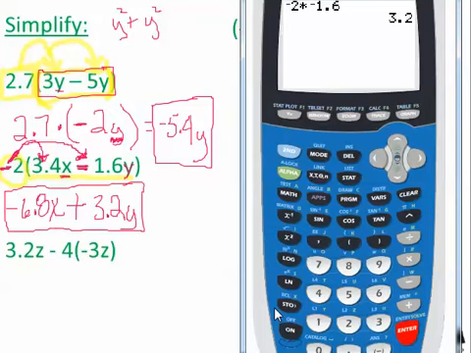They want to combine x's and y's. You cannot combine because x's don't match y's. In other words, I have negative 6.8 x's, and I have 3.2 y's, but I don't know about x and y together. Nothing. Just leave it. That's my final answer, 3.2.